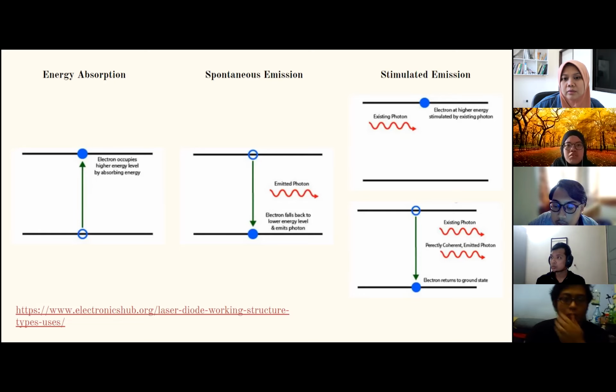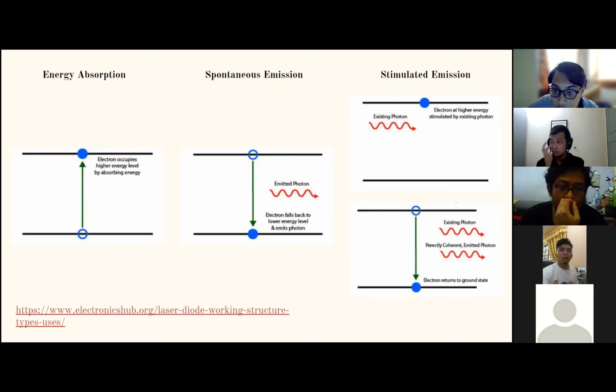So rather than the electron absorbing that existing photon, it undergoes emission instead, and the emitted photon is perfectly coherent with that existing, incoming photon.